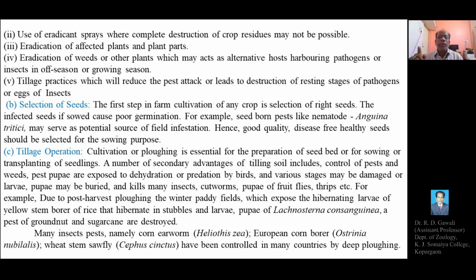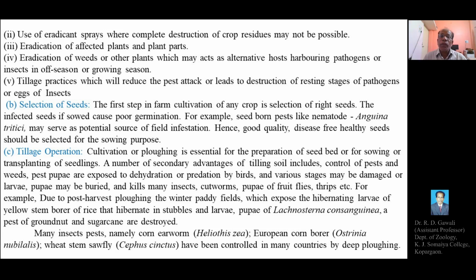So this nematode can enter the crop field along with the infested or infected seed. A seed-borne pest like this nematode can serve as a potential source of the field infestation and thus can infest the entire crop.